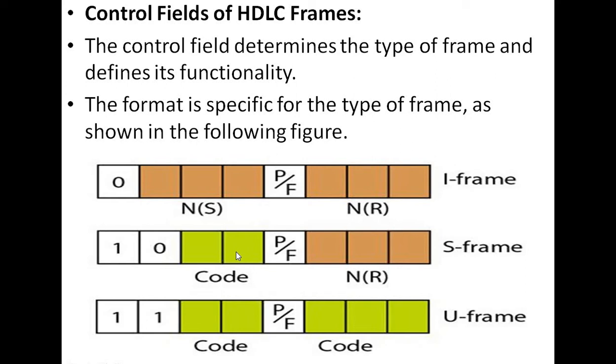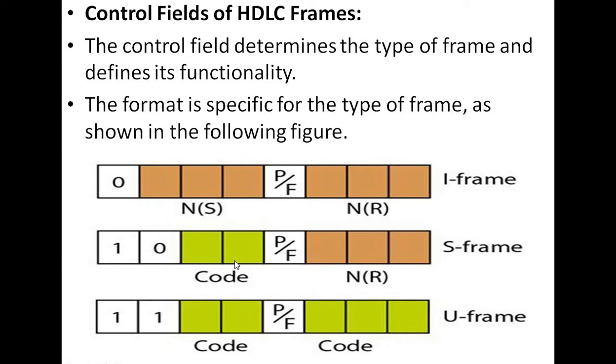Okay, again, if the code subfield is 0 and 0, then it is considered as a receive ready S frame. And if the code subfield is 1 and 0, then it is considered as an RNR, that means receive not ready S frame.